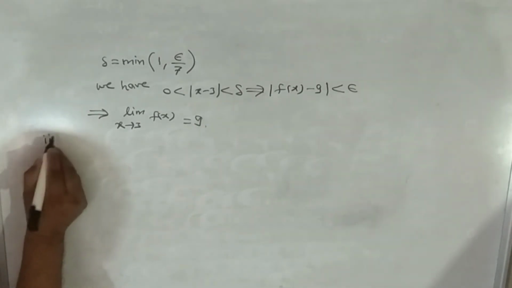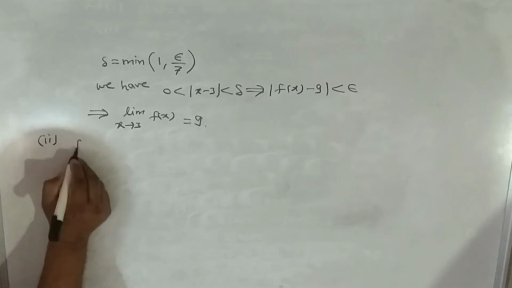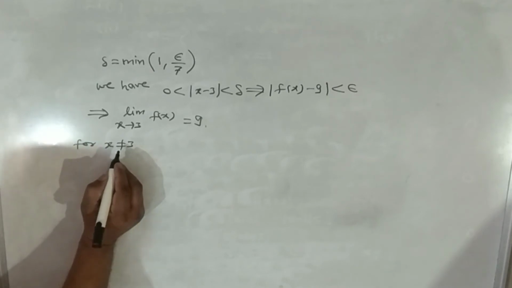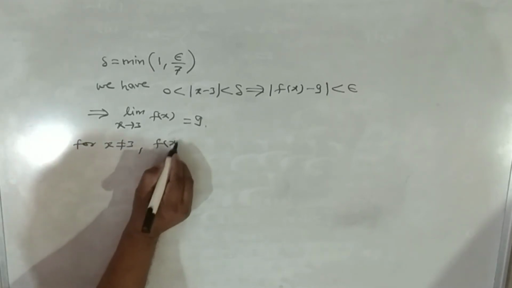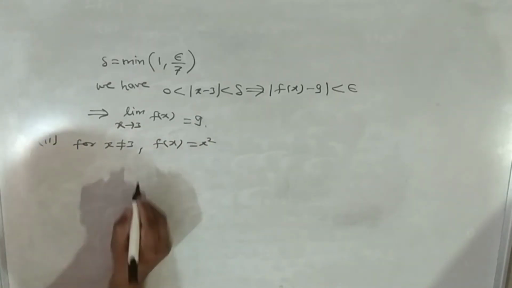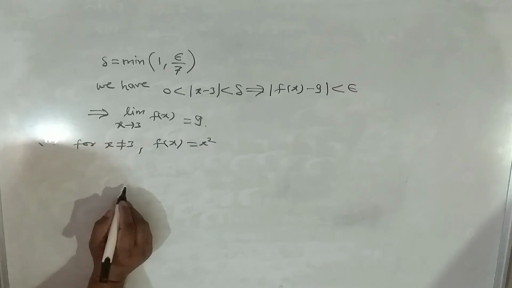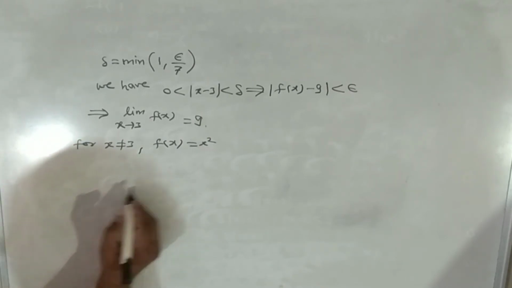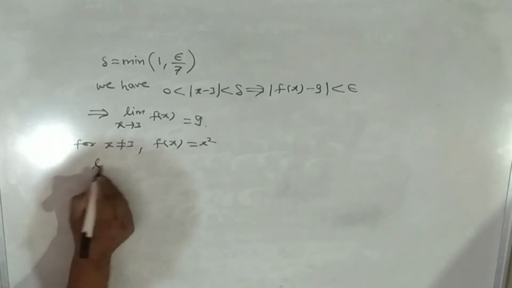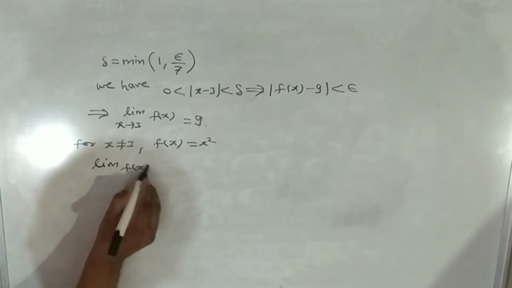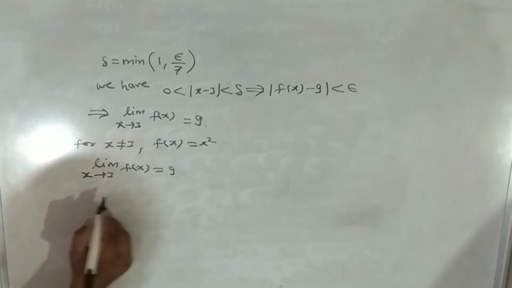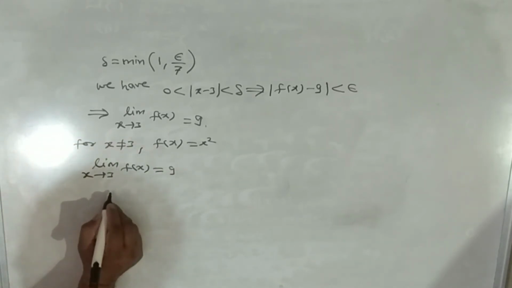And now for the second part, for x not equal to 3, f of x is equal to x square. Then by the first part we get this: the limit of the function f of x as x tends to 3 is equal to 9, and here f of 3 is equal to 4.